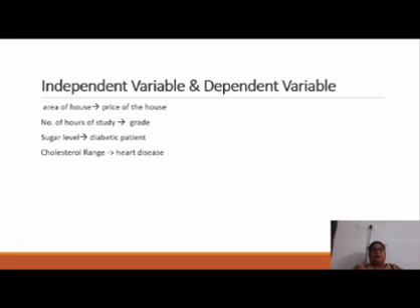Which one is dependent? Sugar level, diabetes of a patient. Patient diabetes, right? What will decide it? The sugar level will decide. So which is independent and which is dependent?